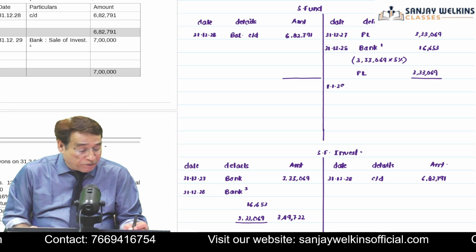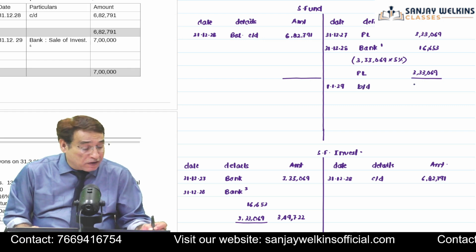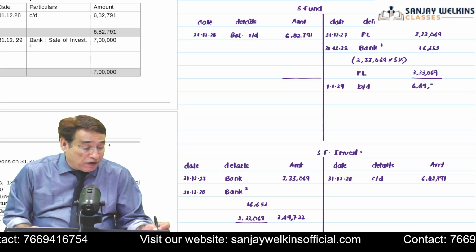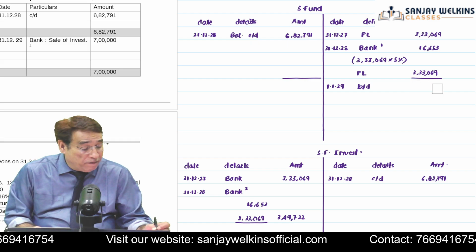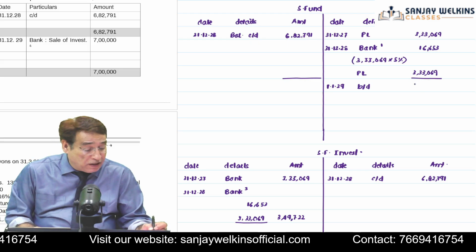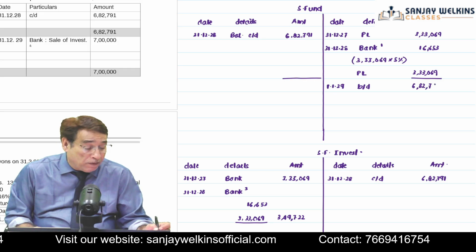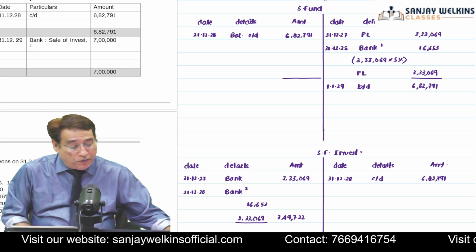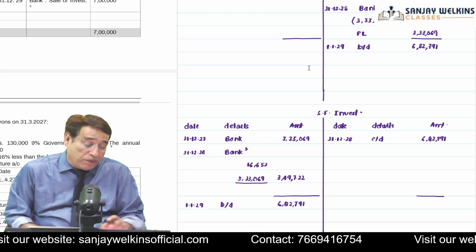This is the start of the third year, and the balance brought down will be 6,82,791. So this is how you are supposed to do the accounting till the end of the second year. Is it clear to you?